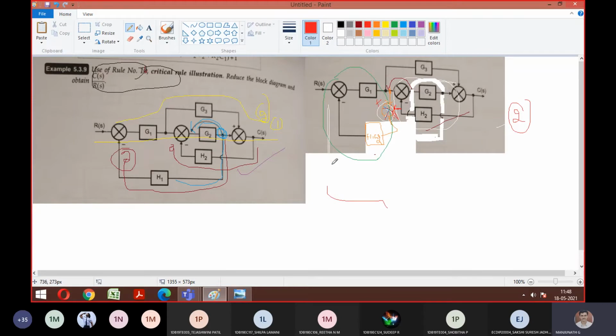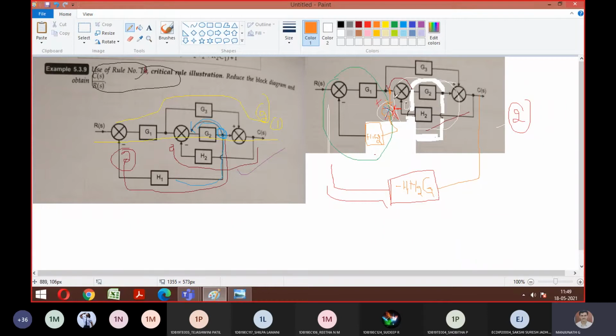Okay, now it's fine. I need to take one more path consisting of a combination of these two. Minus is here. You can see minus is there. So can I write it as minus H1, H2 and G2 as one more path, which connects like this?